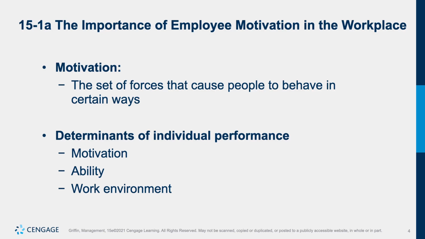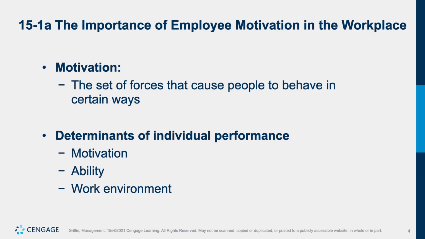So, we find out that the determinants of individual performance within organizations, the first on the list will be motivation, right? How willing are they to do the job? Motivation will be about the desire to do the job. And the second determinant of performance would be the ability or capabilities or competencies to do the job, right?